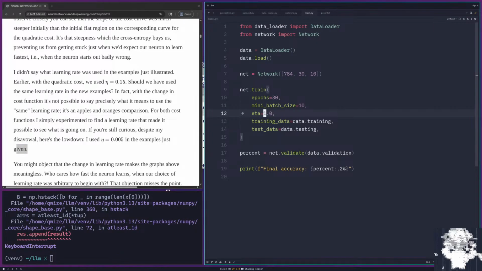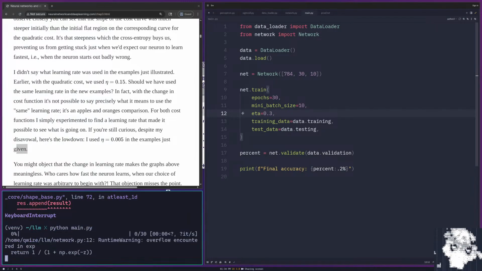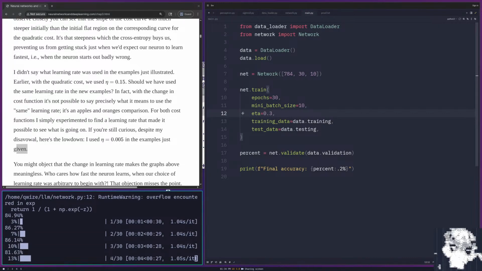That's kind of the same as 0.0 or 0.3, which got us 80 right away and then plateaus around 85. Okay, so I don't know.